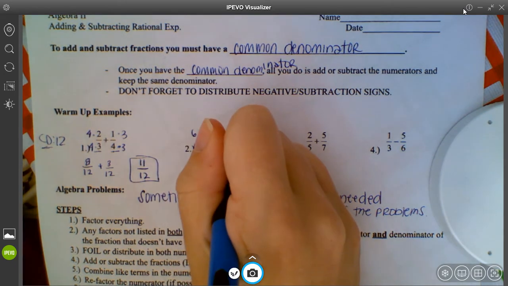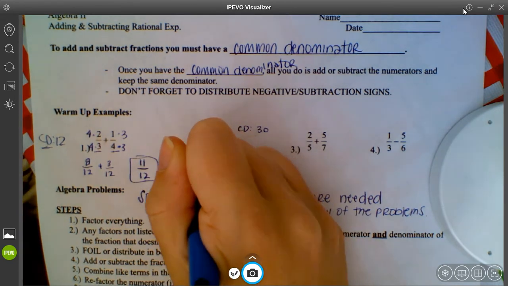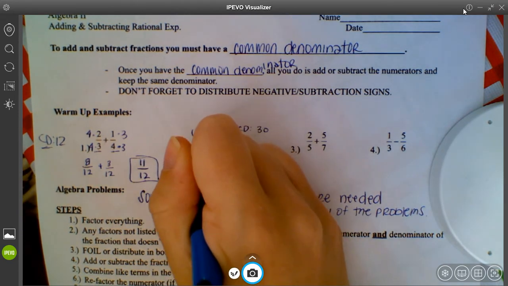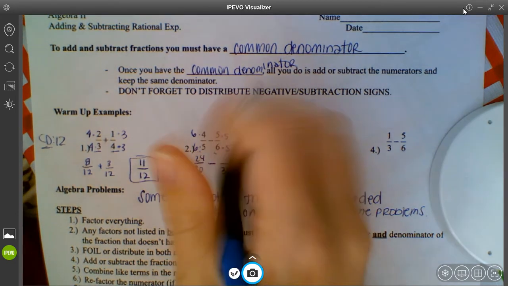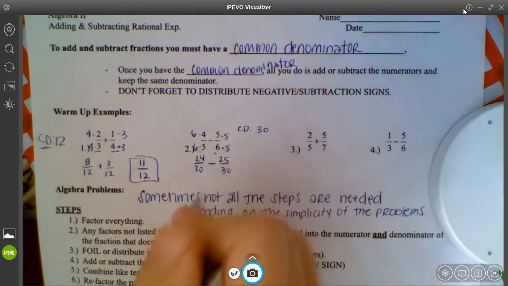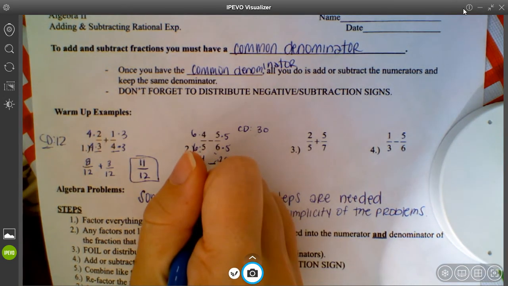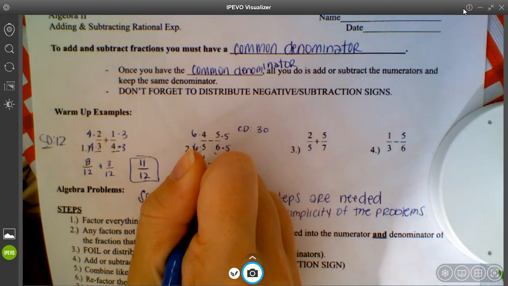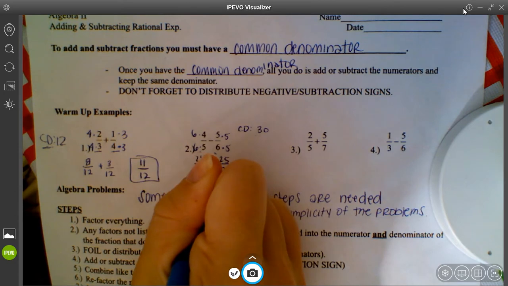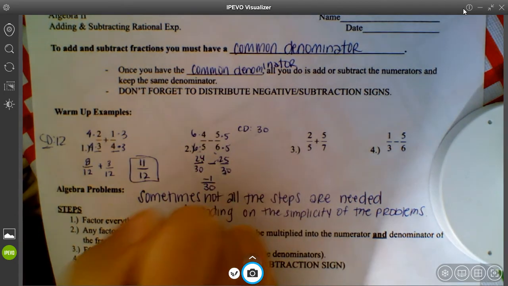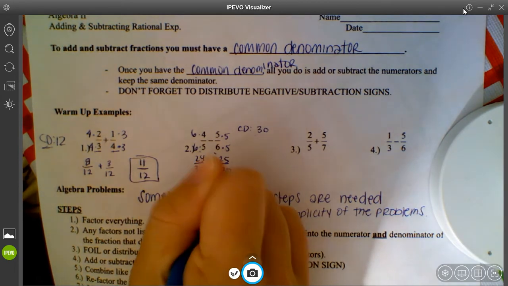You multiply this by a 5 and this by a 5. So our bottom is 30, but 24 on top, minus, bottom is 30, but 25 on top. And what I do is I distribute this negative over here, so then it's really 24 minus 25 is negative 1 over 30. Remember, we're keeping the same common denominator. We don't do 30 minus 30 is 0.